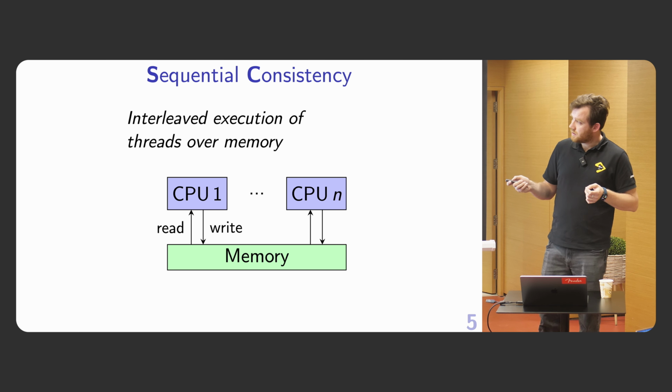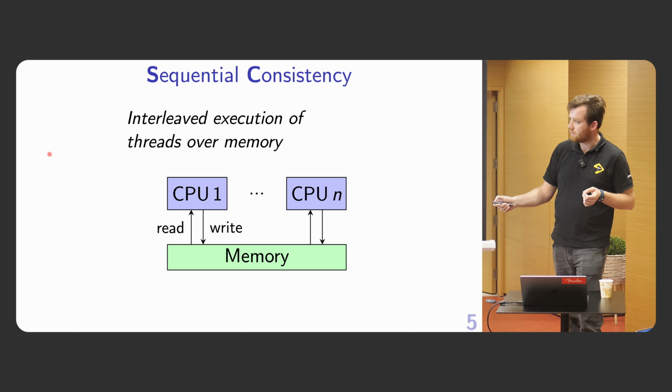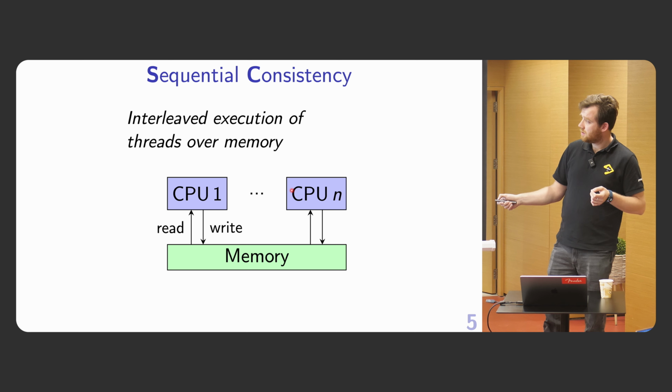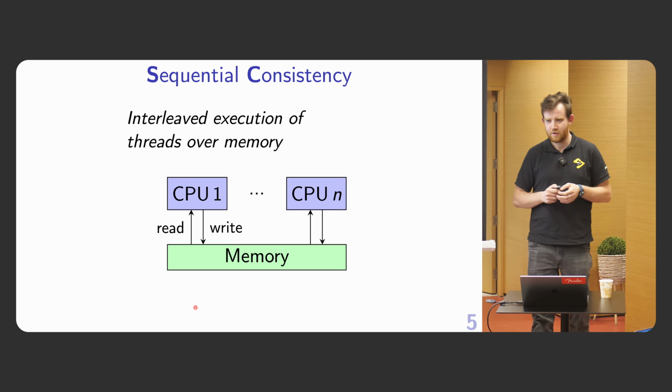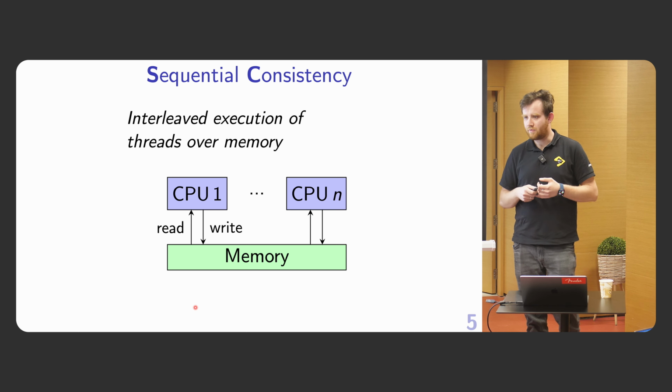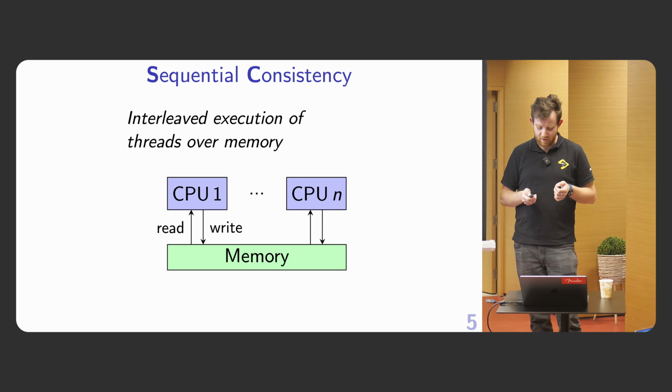To model it, we could use this diagram. Here you have a bunch of CPUs and some global memory, and each access from a CPU to memory is either an atomic read or an atomic write. Atomic in the sense that it happens right away once the CPU issued the corresponding request to memory.